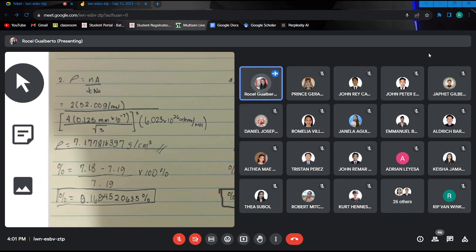Okay, so we arrive at 7.18 grams per cm cube, and the percentage error is 0.17%. See that the percent error did not reach 1%, which proves that our answer is valid and comparable with the real value.